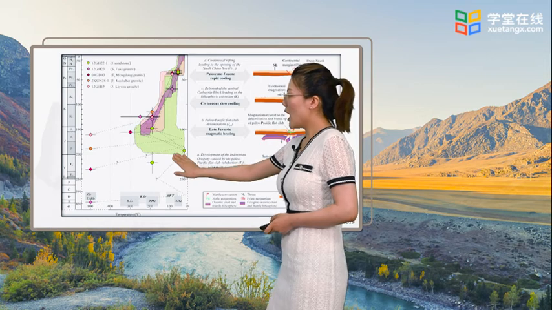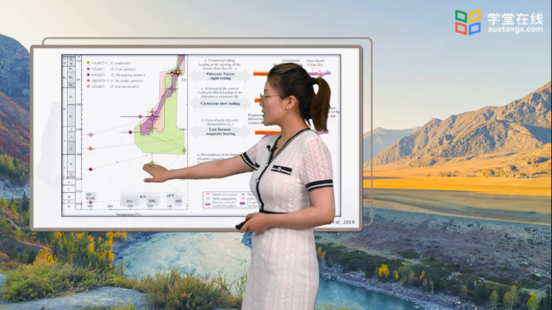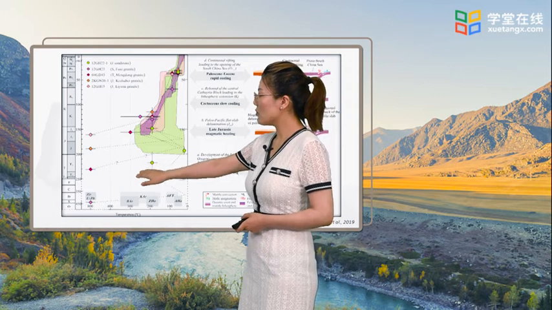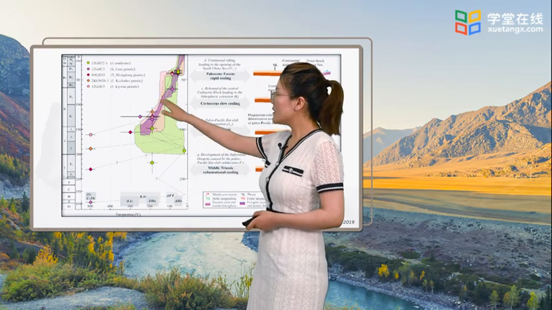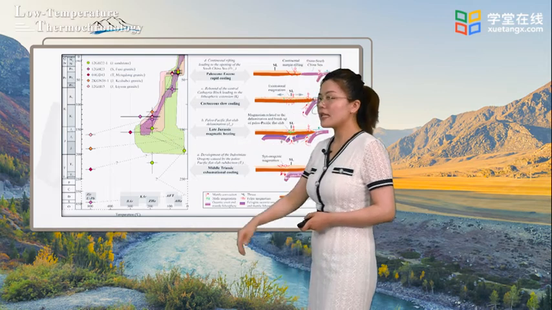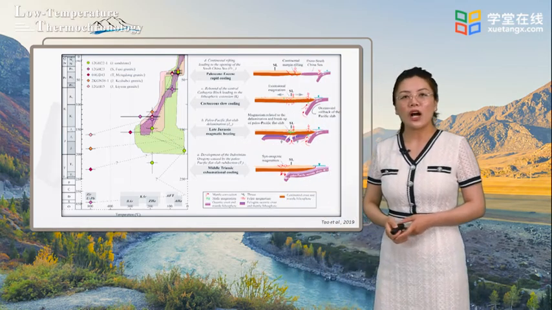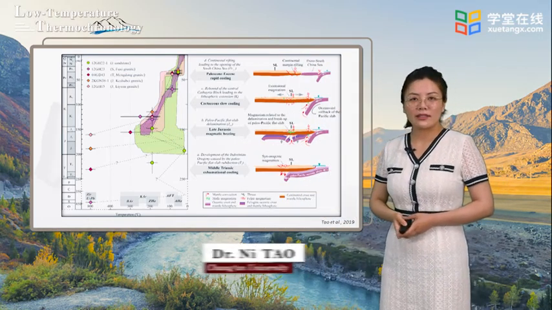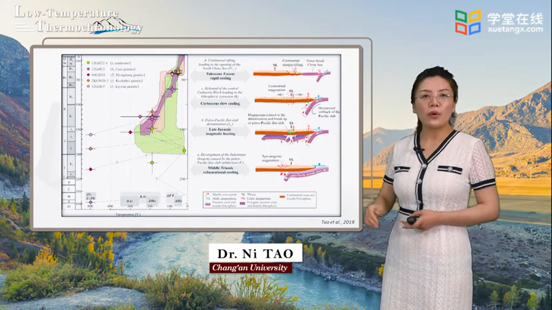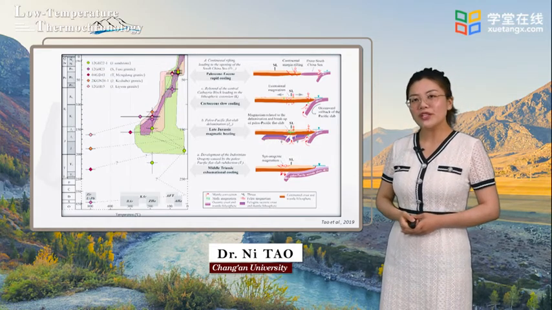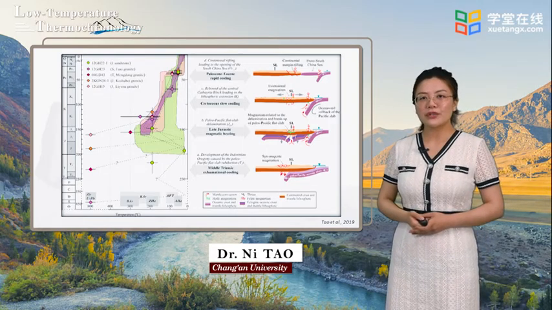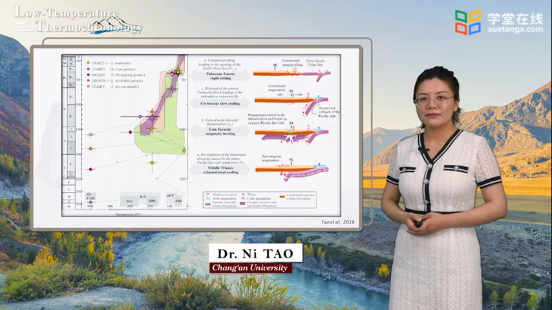All these data are plotted using their low-temperature thermochronological ages versus their closure temperatures, and the thermal modeling path, which essentially is the inverse modeling path, is overlapped with these dots. So we can see that our inverse modeling and forward modeling results are in quite good agreement, so that we now have the time-temperature history of this studied area.